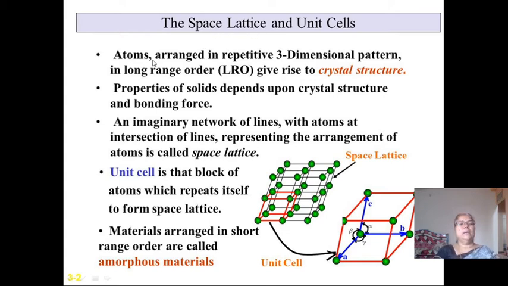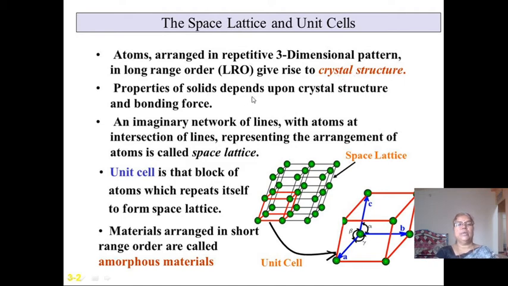It is the arrangement of fundamental units of the crystal in a repetitive three-dimensional pattern in a long-range order. It is termed as space lattice or crystal lattice or crystal structure.